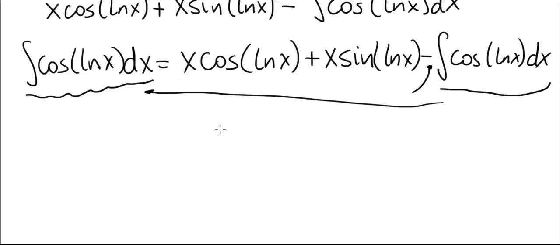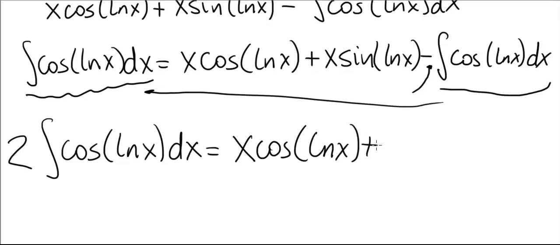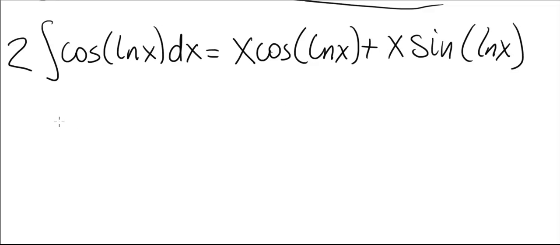So now the left hand side is 2 times the integral of cosine of ln x, and notice on the right we don't have any integration left, so it's just x cosine of ln of x plus x times the sine of ln of x. Divide by 2 and we have arrived at the solution. We found the antiderivative we're looking for.